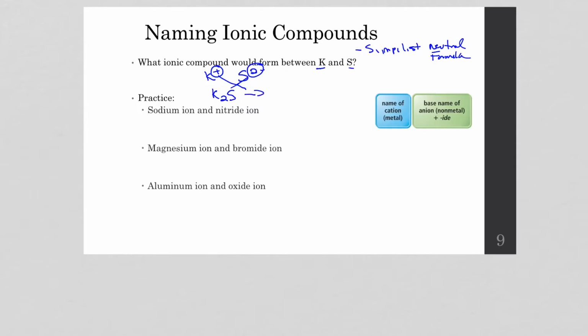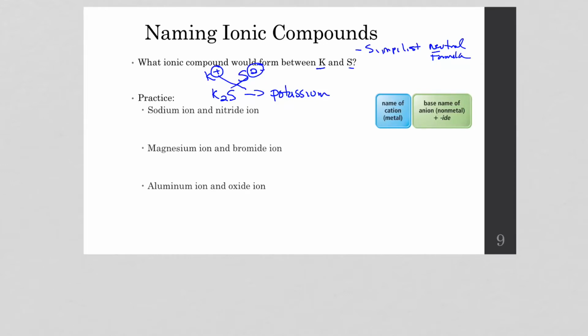Well, we have a system of naming here where for the metal, or the first element, the cation, we're just going to use the name of the element, the name of the cation. So in this case, it's just potassium.